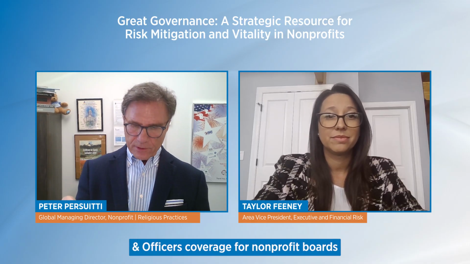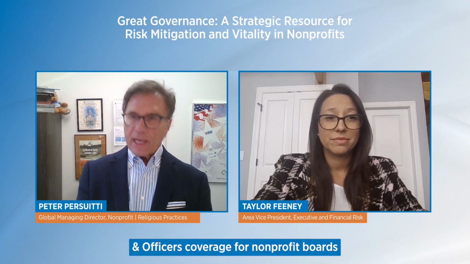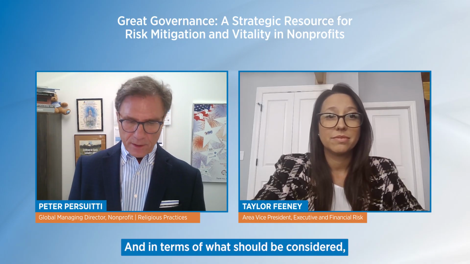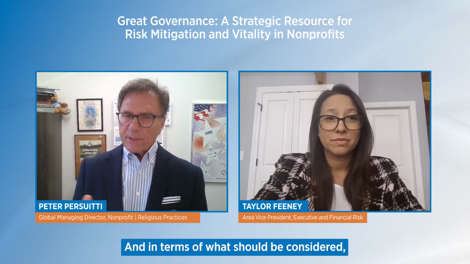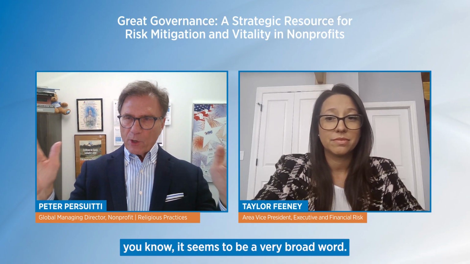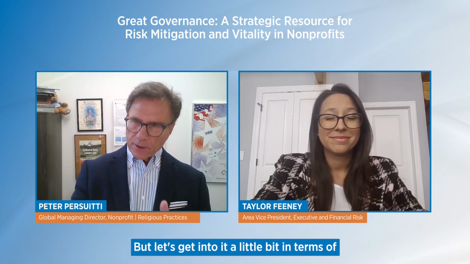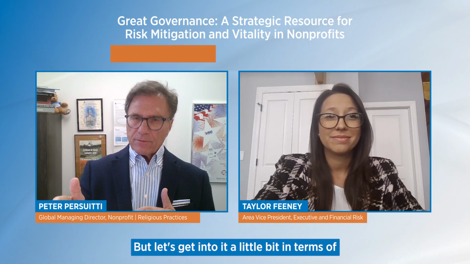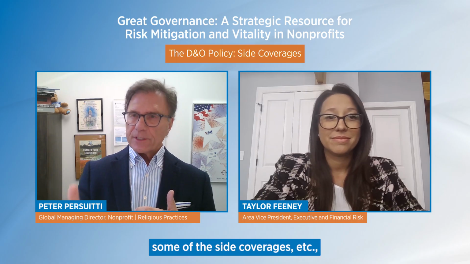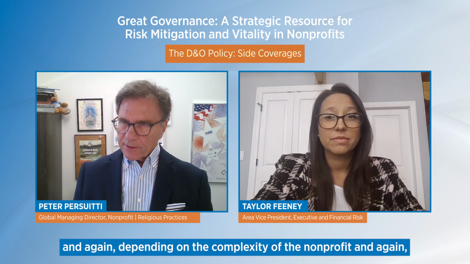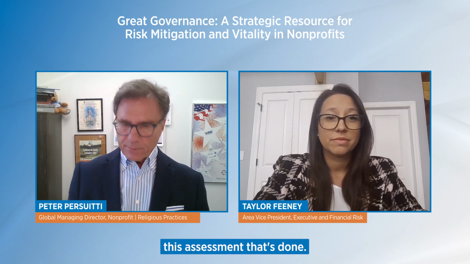And so let's talk about directors and officers coverage for nonprofit boards and for the executives, actually, for the full team, and in terms of what should be considered. It seems to be a very broad word. D&O is the acronym, right? But let's get into it a little bit in terms of some of the side coverages, et cetera, that really need to be considered, depending on the complexity of the nonprofit and this assessment that's done.